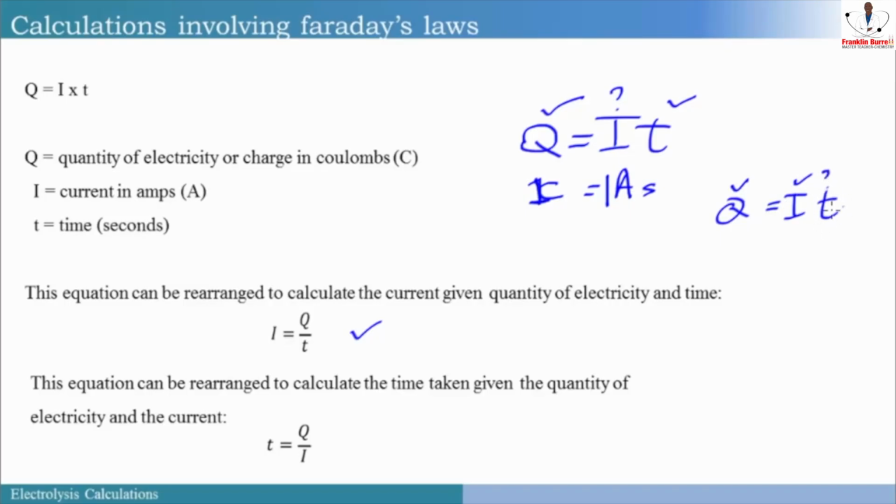Where time is our unknown, we would transpose to get time. Therefore, time would be equal to Q over I. And of course, from our original equation, Q equal IT, if we know the current and the time, we can calculate the charge in coulombs. Let us look at some examples of how to apply this formula Q equal IT.